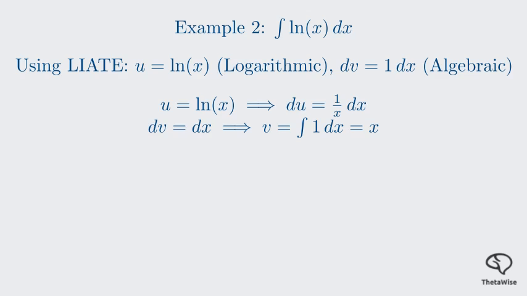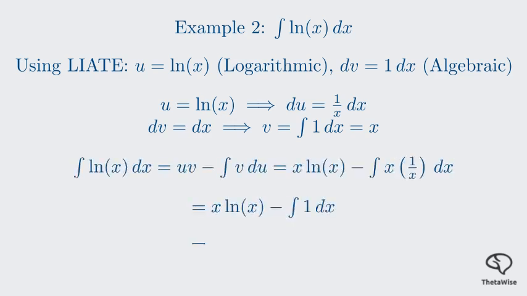If dv is dx, v is x. Plugging into the formula, we get x ln x minus the integral of x times 1 over x dx. The x's cancel out, leaving us with the integral of 1 dx, which is x. So the final answer is x ln x minus x plus c.